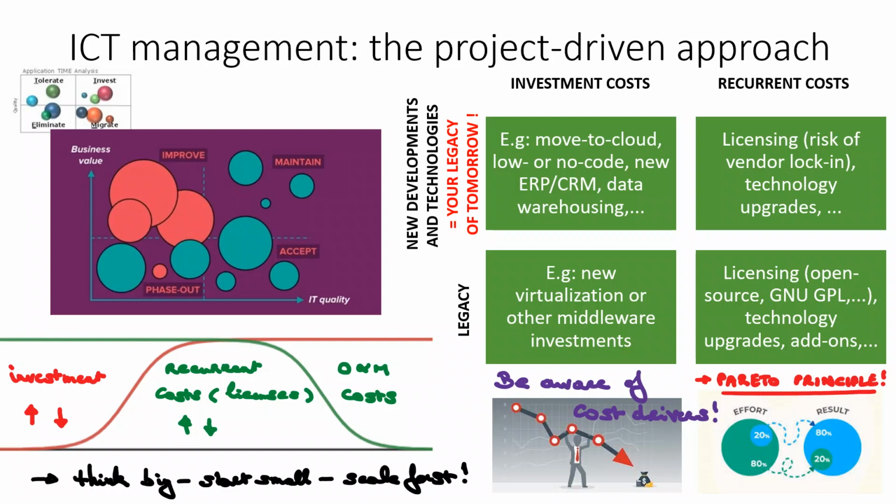Don't look negatively at your legacy. You see here a very simple portfolio classification example where I say, okay, you have projects that relate to your legacy, and then you have projects that relate to new developments. I'm always saying, if you don't watch out, your legacy of tomorrow is what you're developing right now, and your legacy, it's there.